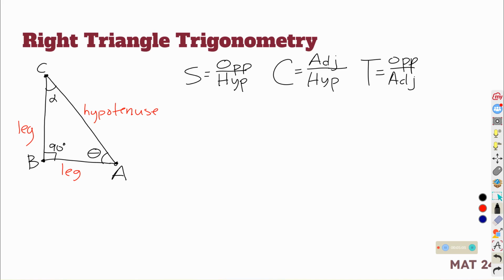I know that if I take leg 1 and I square it, and I take leg 2 and I square it, and I add those two numbers together, I should get the length of the hypotenuse squared. You probably saw a squared plus b squared equals c squared. I'm not doing that because of the way I labeled my points. It gets weird. Leg squared plus leg squared is hypotenuse squared.